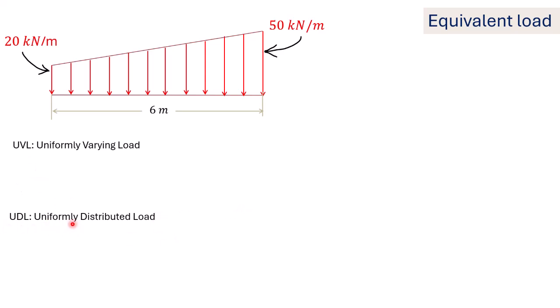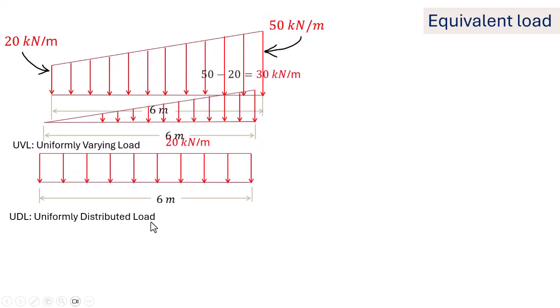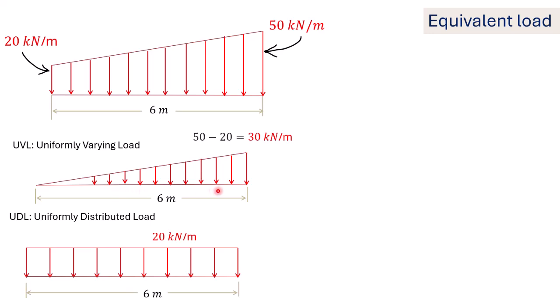The UDL is a base layer with constant intensity of 20 kilonewton per meter, and the remaining triangular part on top has a height equal to the difference between the two ends, that is 50 minus 20, equal to 30 kilonewton per meter.